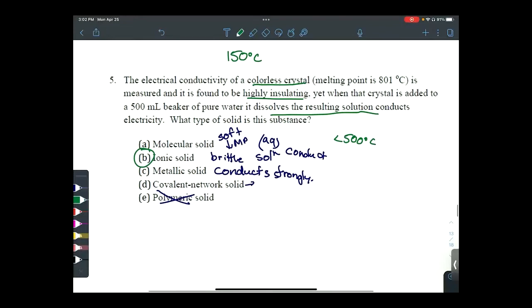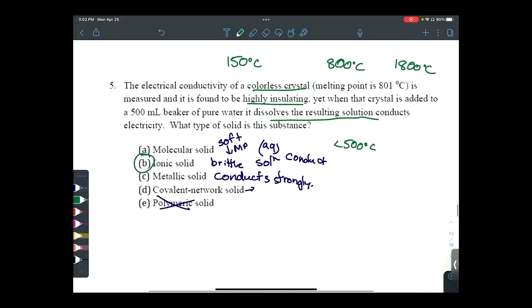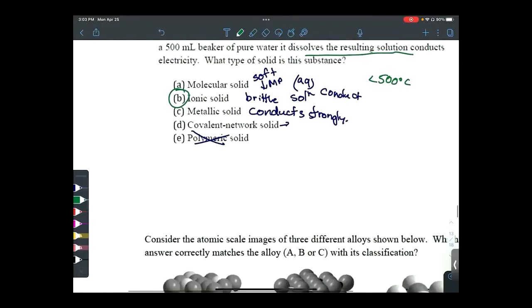But if it's something on the order of 800 degrees Celsius, then you're probably getting into the ionic solid range. And when it has a really, really high melting point, 1800, then you're probably either on the high end of ionic solid or even a covalent network solid. So what I mean by low is about 500. Good? All right. Okay, so let's do some other ones.